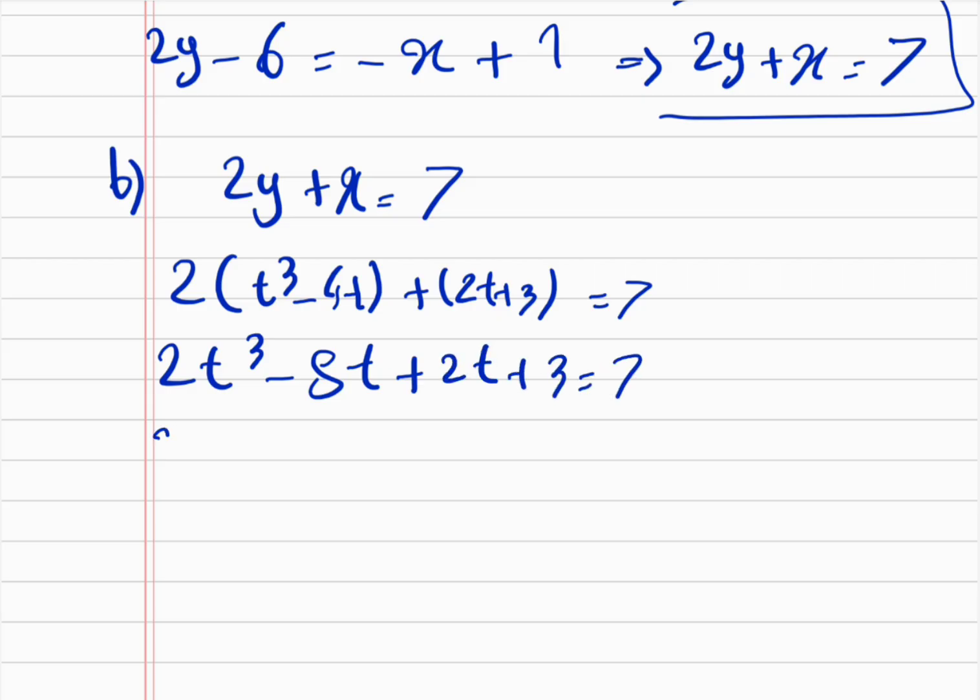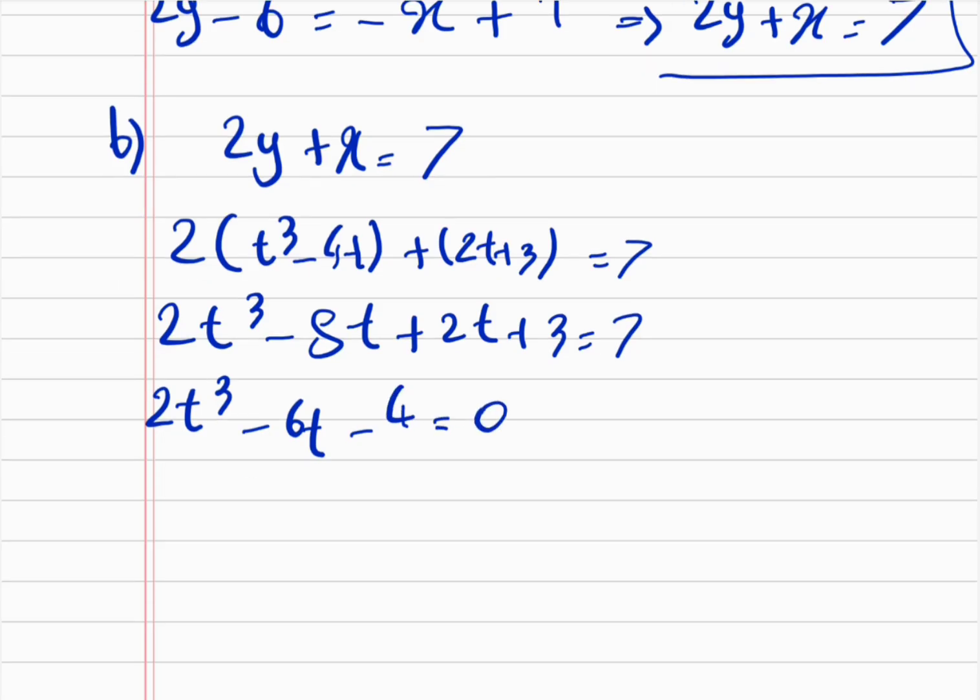Let's simplify this: 2t cubed minus 6t, and I can take away 7 from both sides, so I have minus 4 here is equal to 0. And we can simplify this by dividing everything by 2. So we are going to have t cubed minus 3t minus 2 is equal to 0.